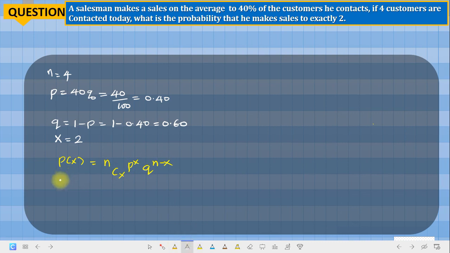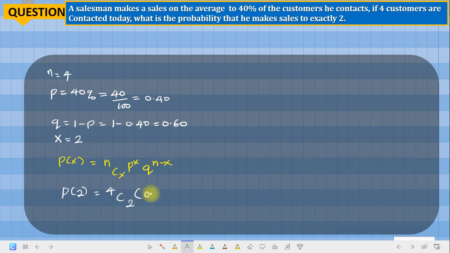And this will be equal to P of X equals 2, so our x automatically changes to the value, which in this case is 2. What is our n? 4. So this becomes 4 combination 2.